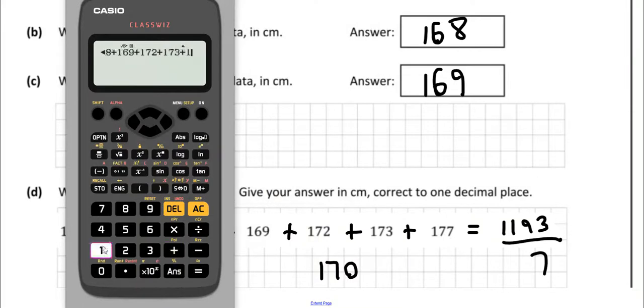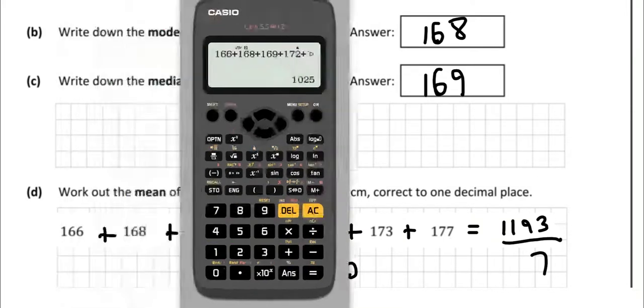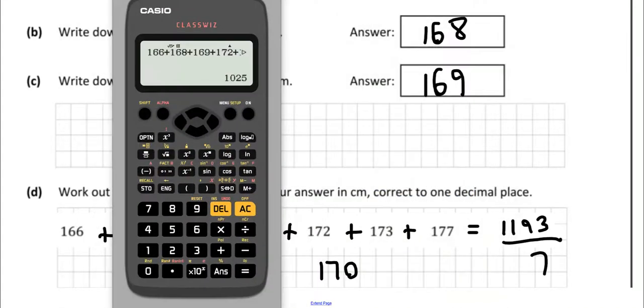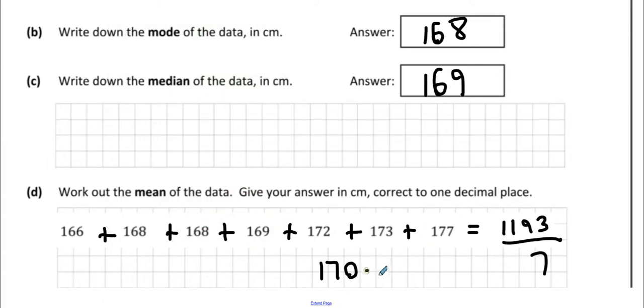Did I forget a number? Oh, no, plus 168. I forgot 168. 1193. Divide that by 7. Sorry, the answer is 170.4. We got 170.4.